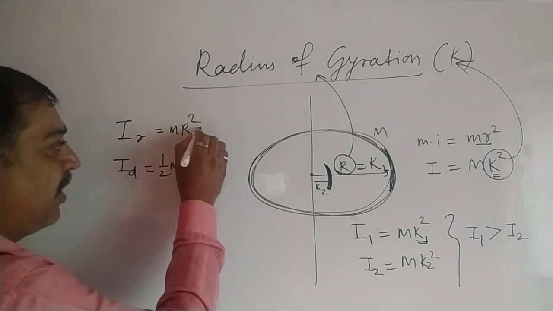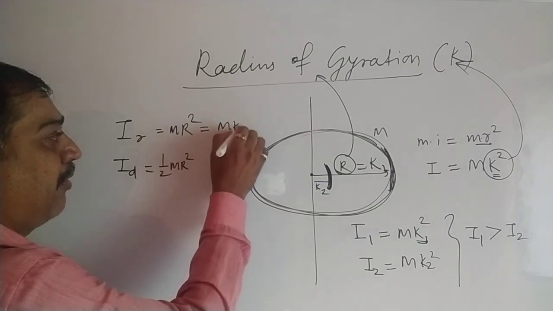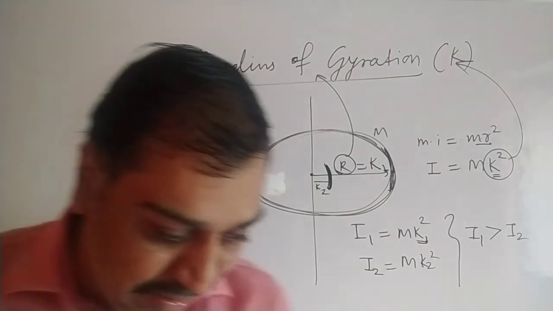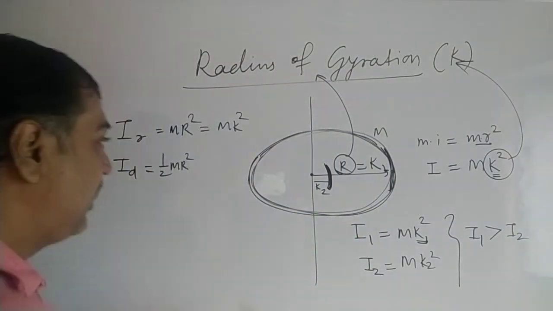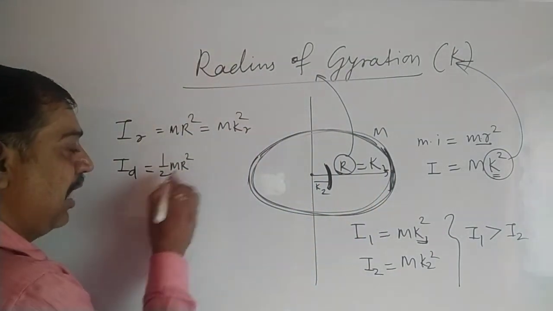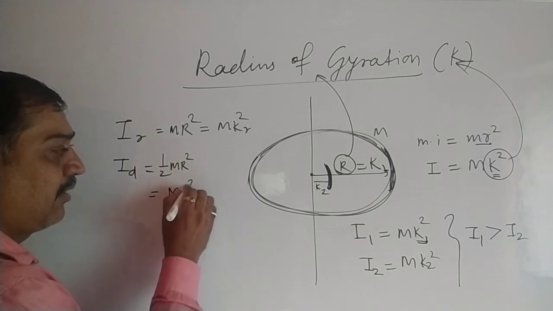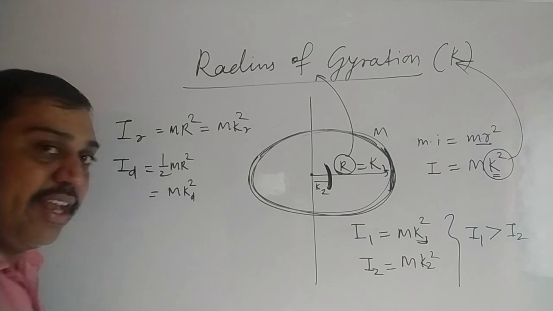So what they have written here is m k square, because r is equal to k, for the ring it is kr, and for the disk it is kd.